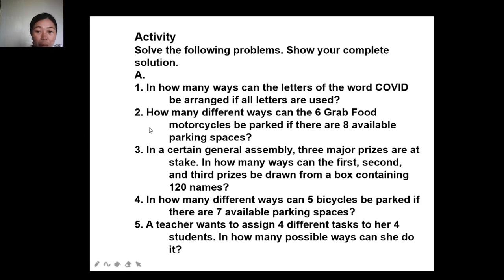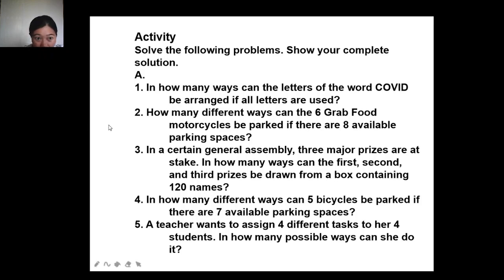Remember, hindi pwedeng mas mataas ang r sa n. Dapat laging ang n ay mas mataas sa r or ang n at r ay equal. Again, ulitin ko, hindi pwedeng mas mataas ang r sa n. Ang r ay pwedeng less than n or pwedeng equal silang dalawa.